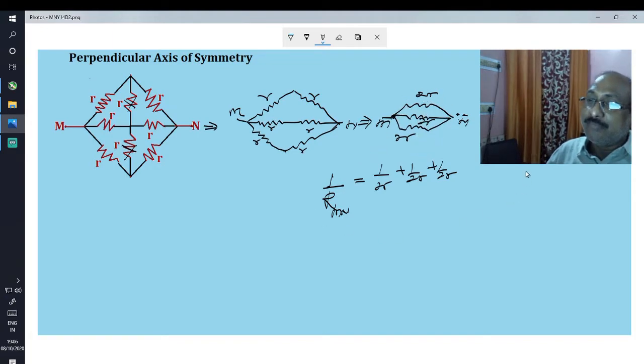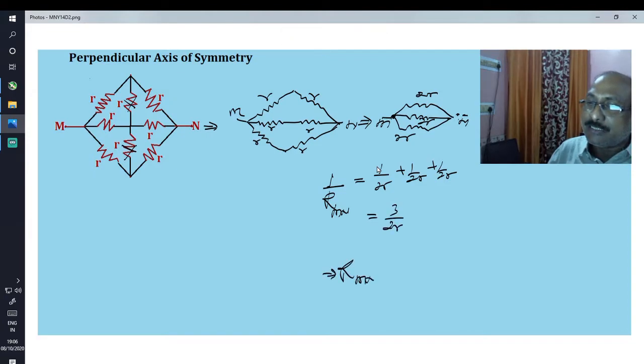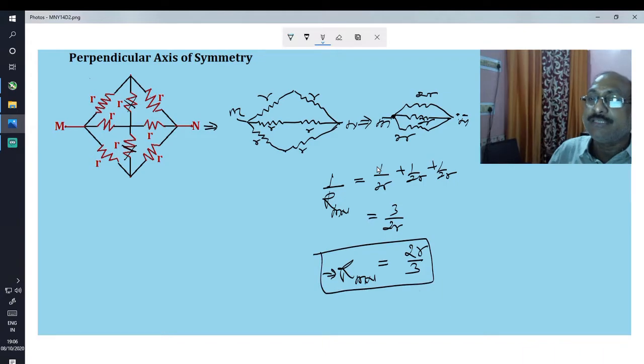Therefore, the resultant is coming to be 3 upon 2r, which implies that the equivalent resistance between the points M and N is 2r upon 3. This is the resultant.